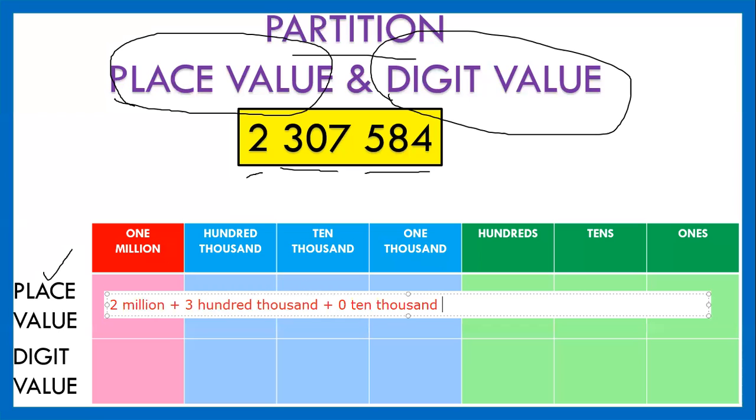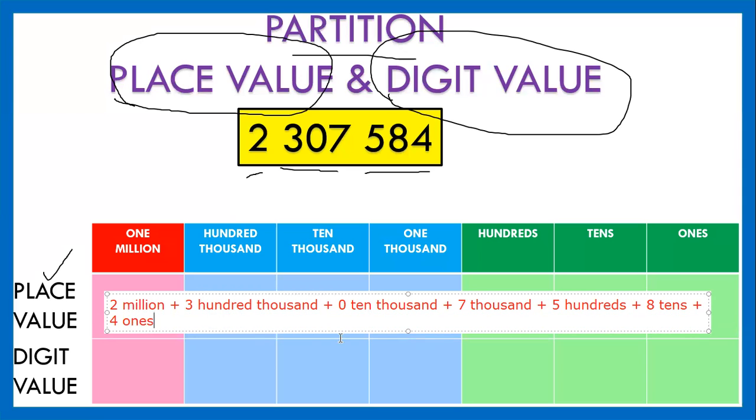Then, sorry, forgot the addition, plus 7, again mention the thousands house, so 1,000. And then go on, add how many? 5 in the hundreds. And then go on, add 8 in the tens house, plus 4 in the ones house.